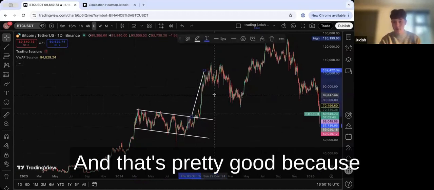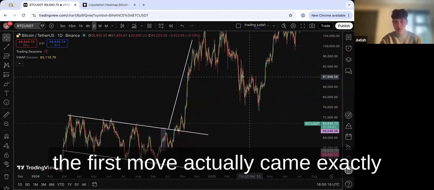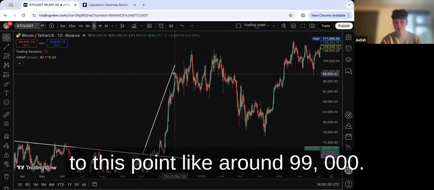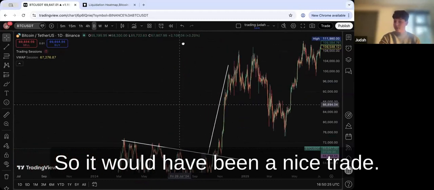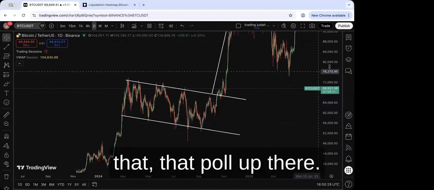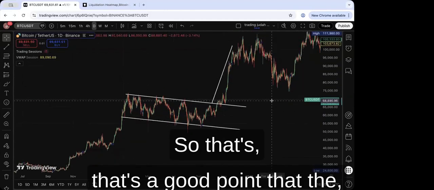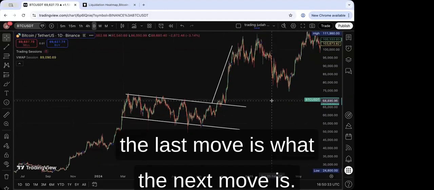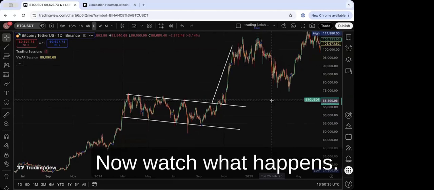That's pretty good, because the first move came exactly to this point, around 99,000. So it would have been a nice trade. The last move is what the next move is.